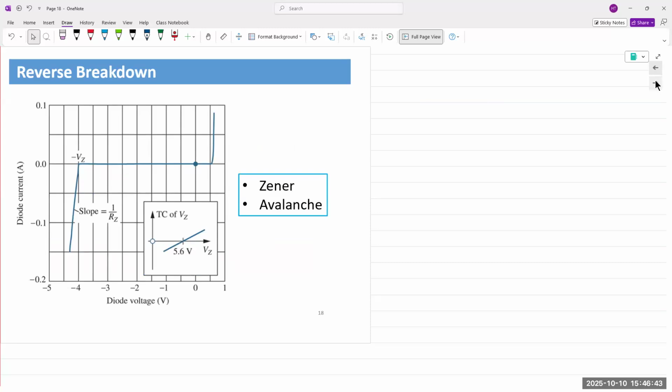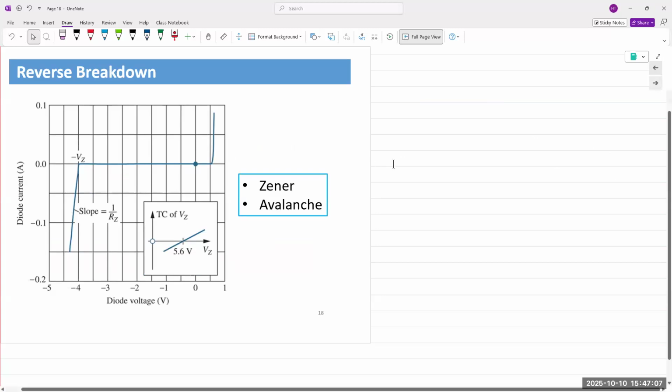Because it's in reverse bias, it's known as the reverse breakdown. Reverse breakdown is something that we'll do next week. We'll have applications of diodes, diode rectifier circuits, and we'll also look at Zener diodes. So let's take a look at what reverse breakdown is.